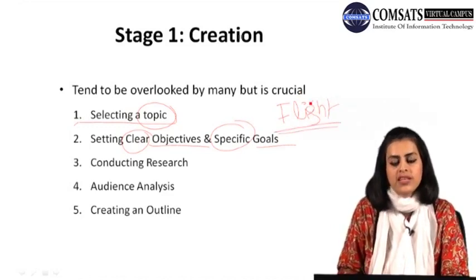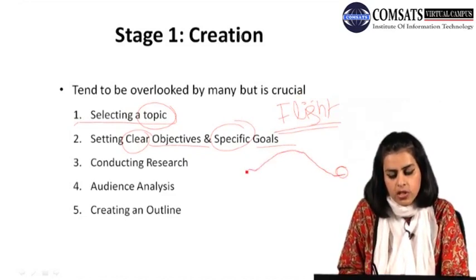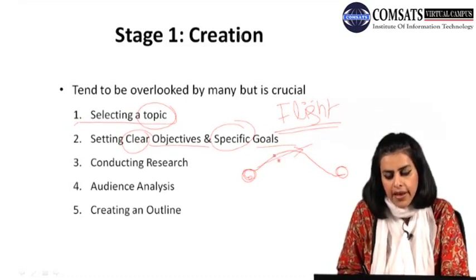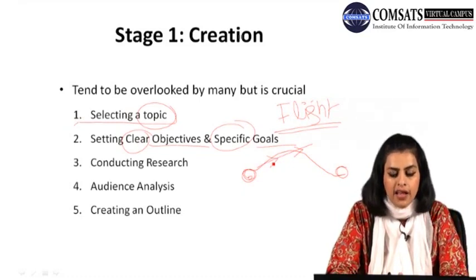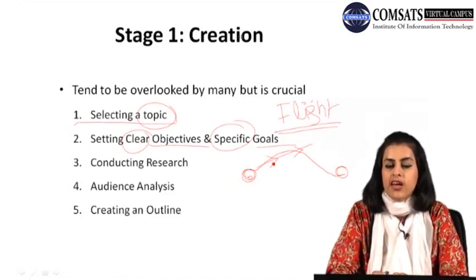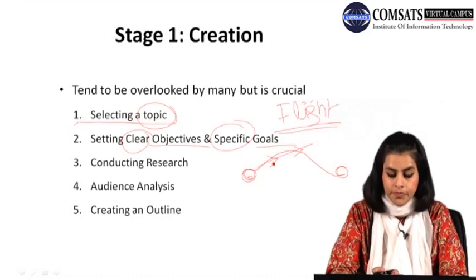Think of this as your plane, which you are flying and taking to a particular destination. The flight of your plane would tell how much you have been able to achieve those clear objectives and specific goals. Only if your objectives are clear and your goals are specific can you achieve your destination.